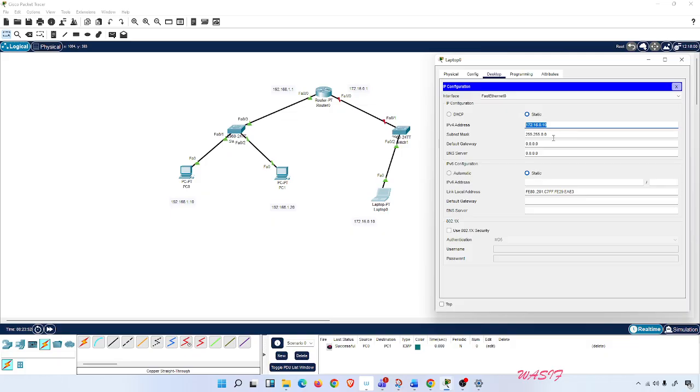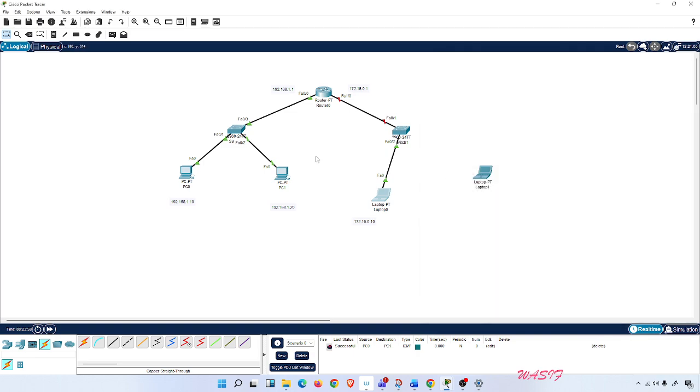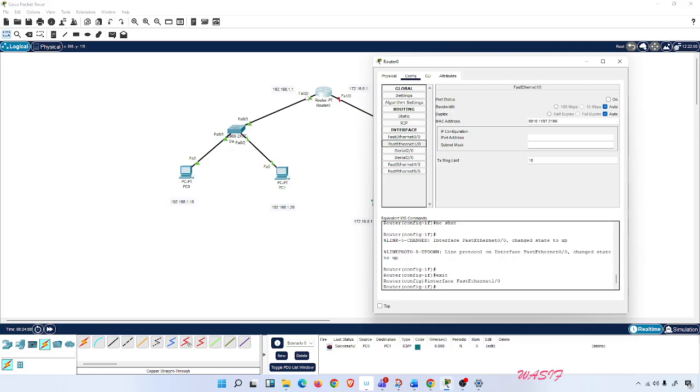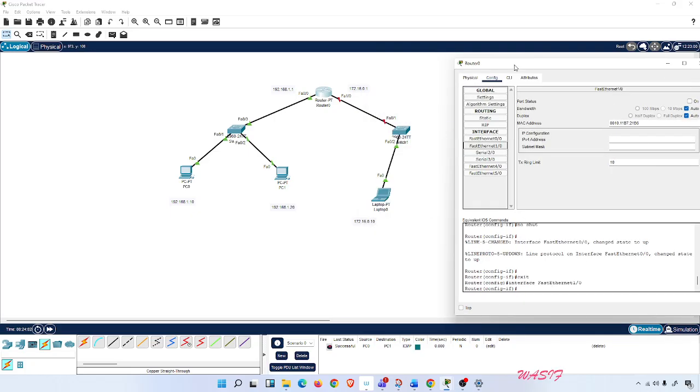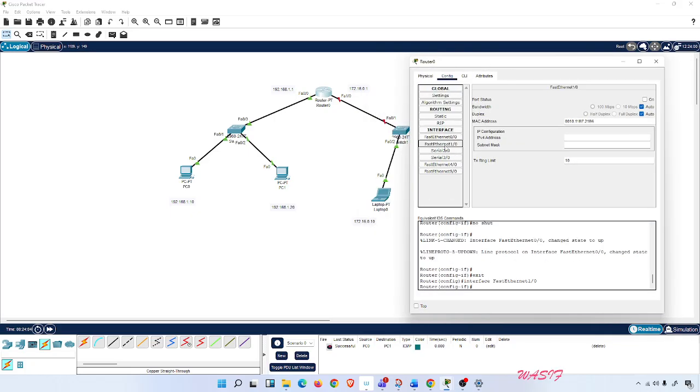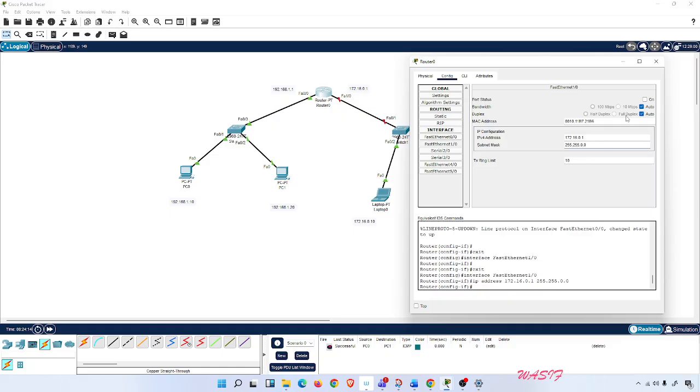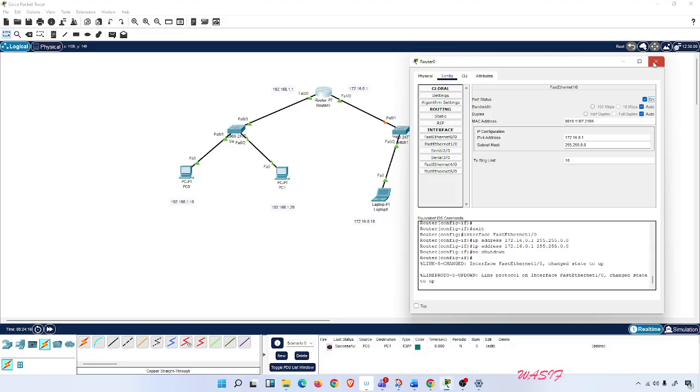and configure here 16.0.1. Okay, we need to configure the IP address here. Last time I configured with the command. Now I will take a shortcut, which is here, and make it 172.16.0.1 and no shutdown.